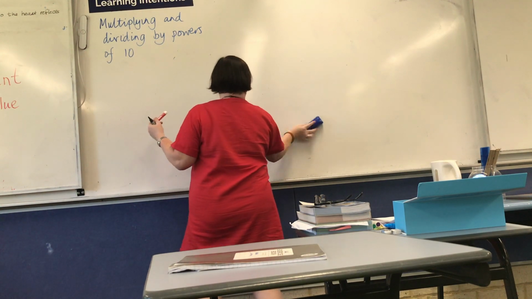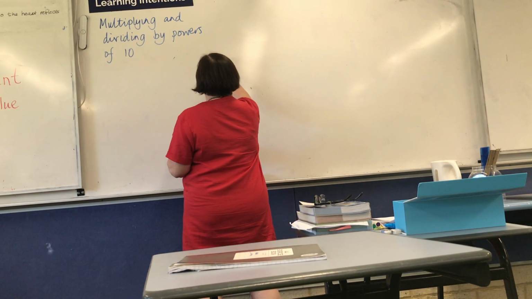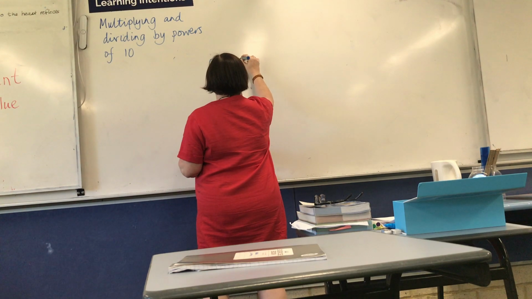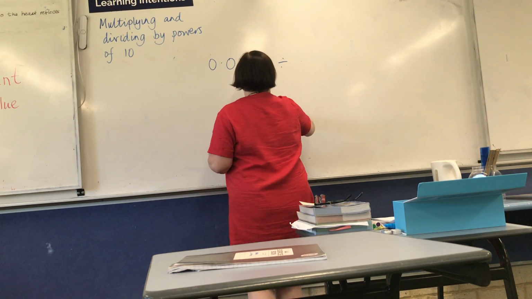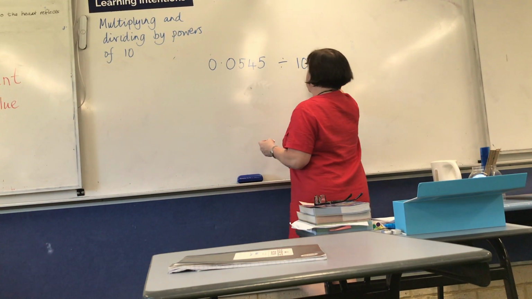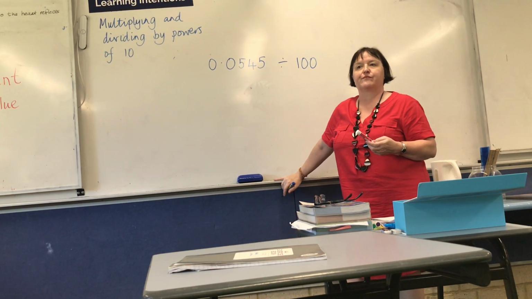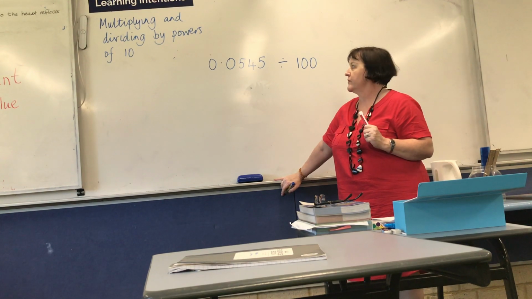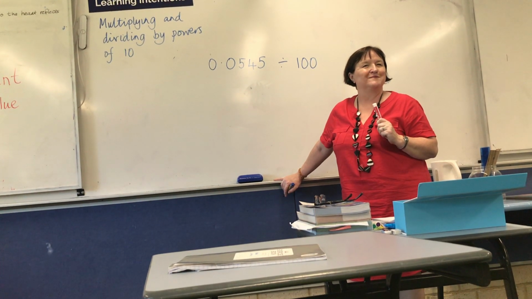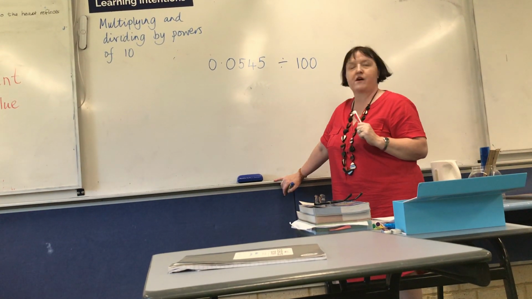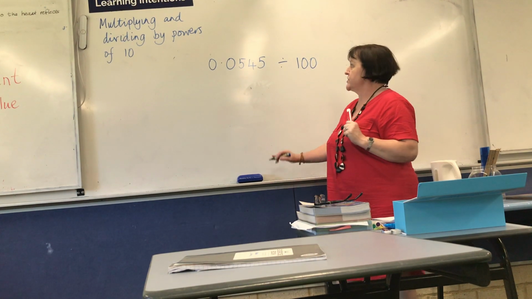Okay, so we'll have 0.0545 divided by 100. So, who can talk me through that one? Go on then, Joel. Okay, so there's 2 zeros in the 100.